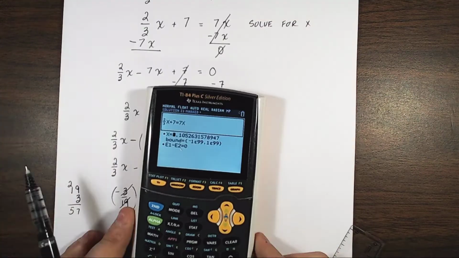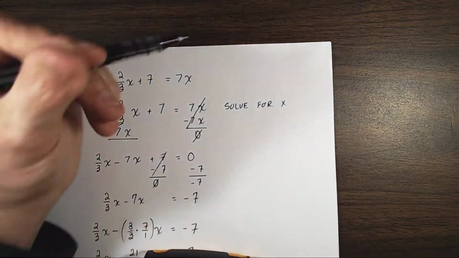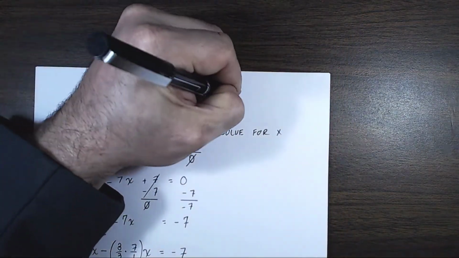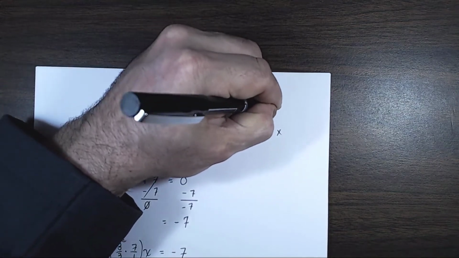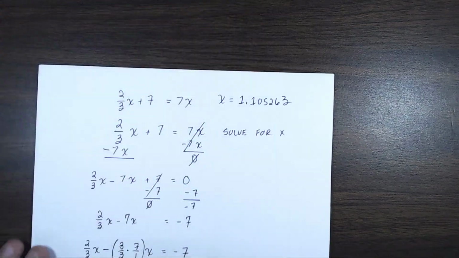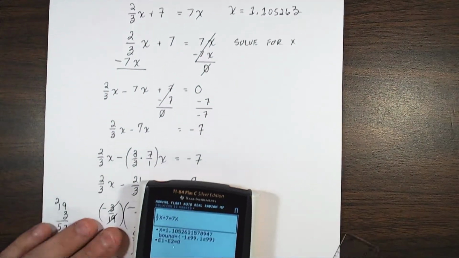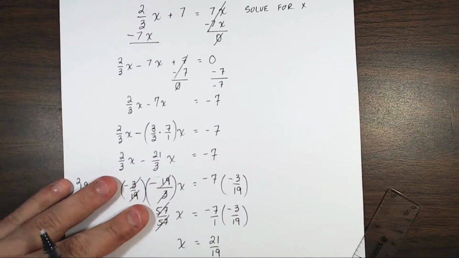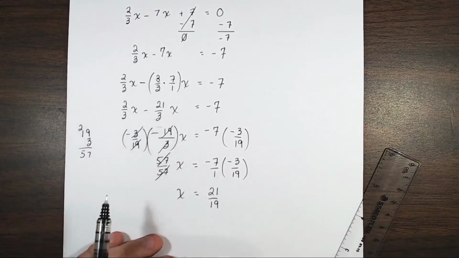And it says that x equals 1.1052, all that. So you just make a note, x equals 1.105263. So that's what we're looking for in our answer key. So let's go back down to the way we solved it algebraically. This would be an answer choice, 21/19.